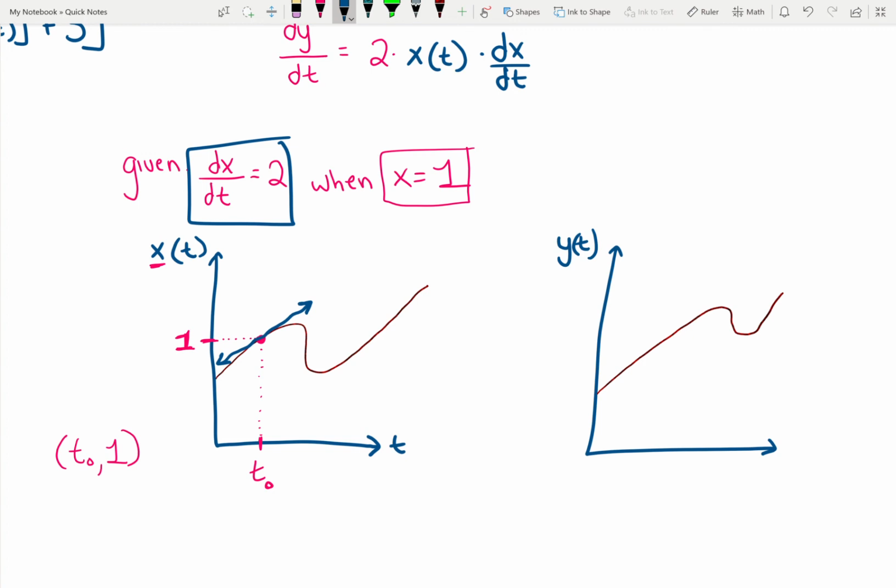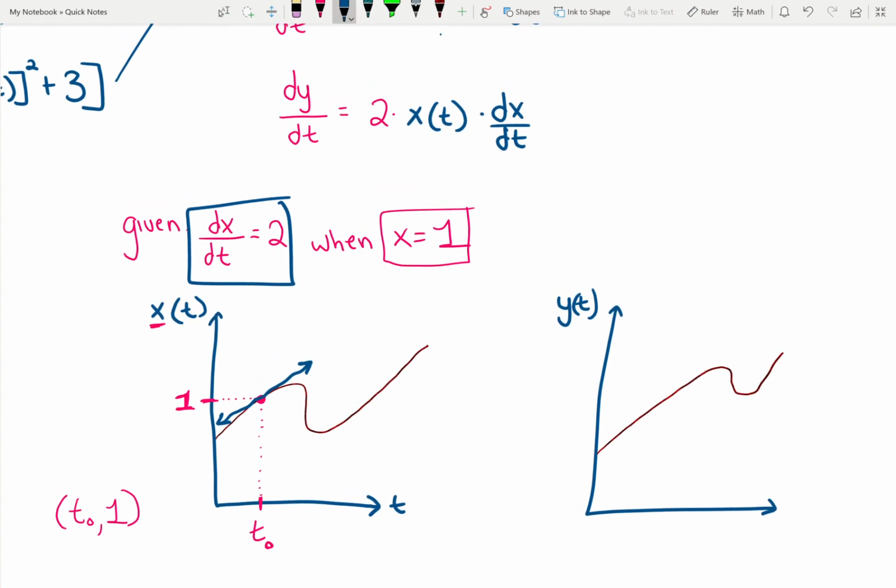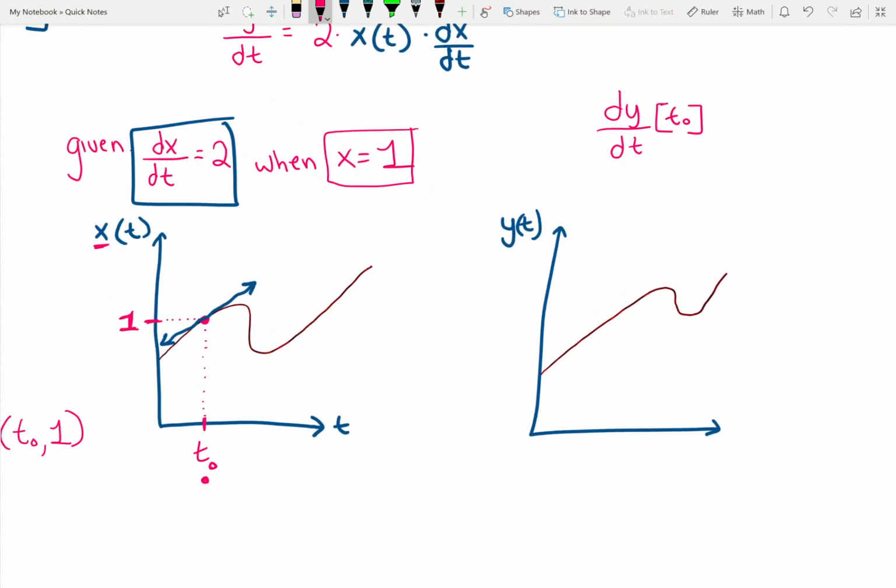And what they want us to find is right here. They want us to find what dy/dt is at the same exact t, so t0. So what does that mean? That means if I come over here on my y graph, I'll have some value.